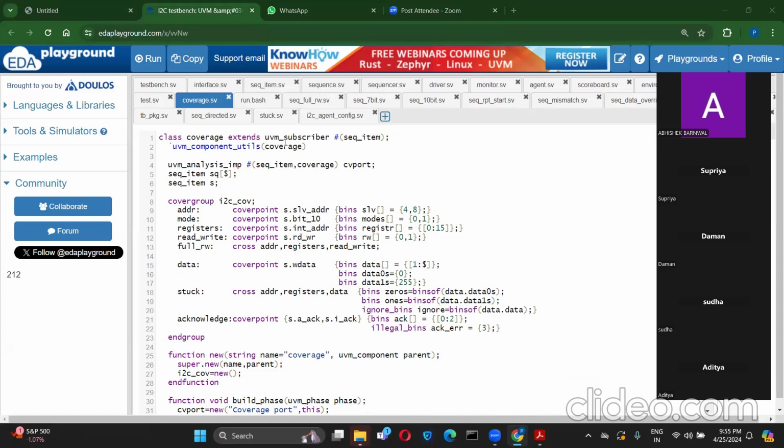When you get through the UVM concepts, you will definitely understand why we are using all this. In UVM, we have some predefined classes, so you can inherit your class from those base classes so that you can use some of the functions or properties related to the UVM subscriber in your class.